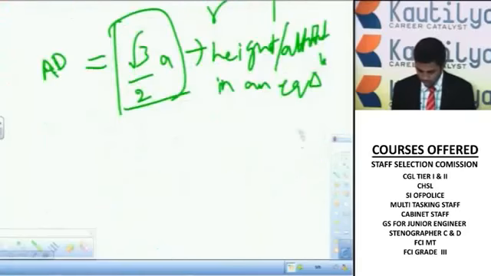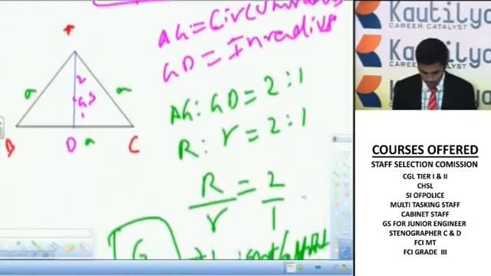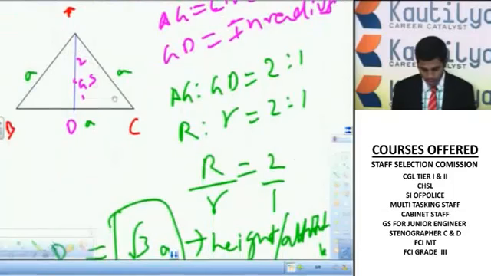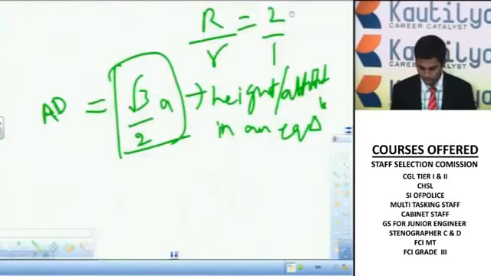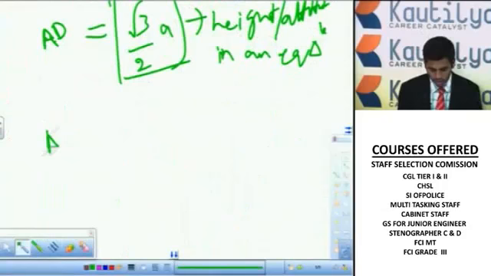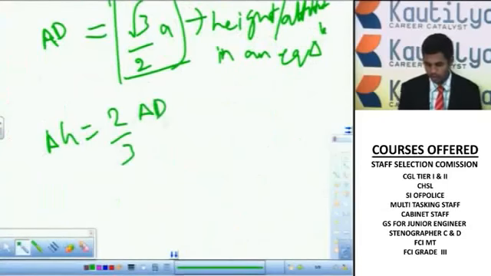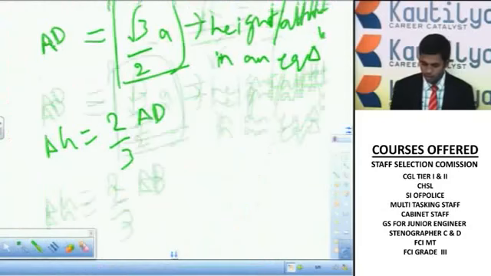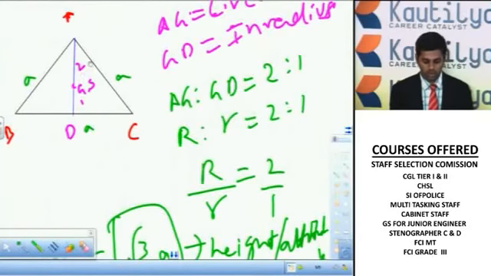Now we can say the length AG in terms of AD. AG will be 2/3 of AD, because AD is divided into 3 parts, 2 parts and 1 part.